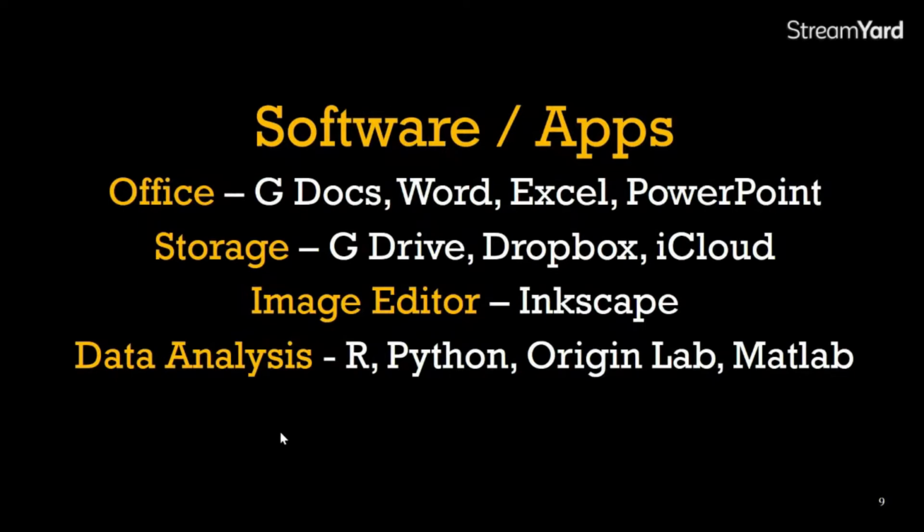Having a proper plan of how you're going to save your files and back them up is important. I strongly recommend using Google Drive, Dropbox, iCloud, or some solution of that sort, where you know your documents are safe and will not be lost.